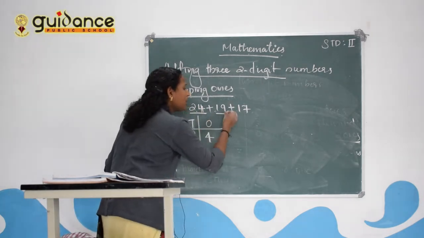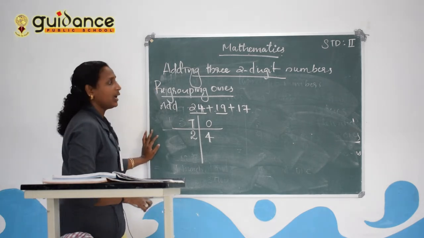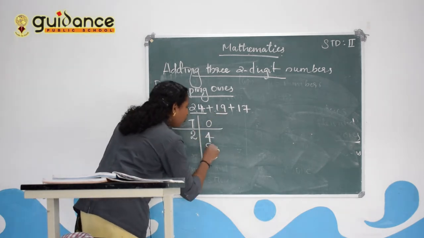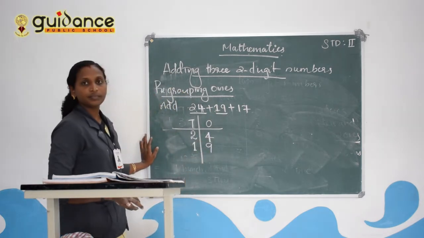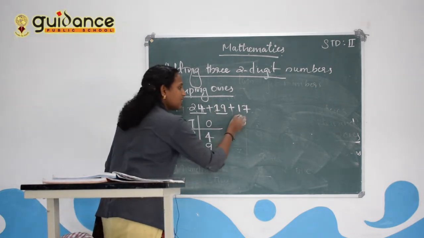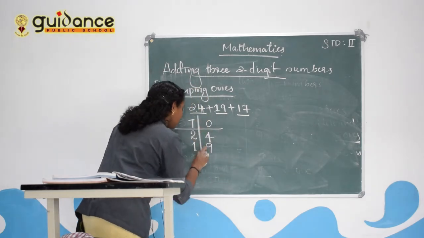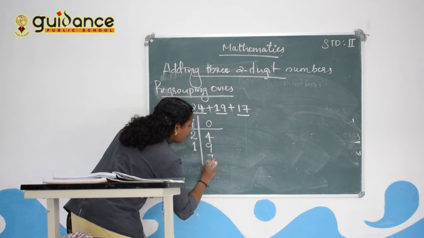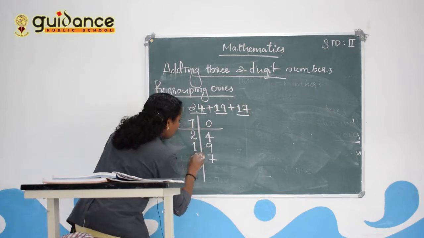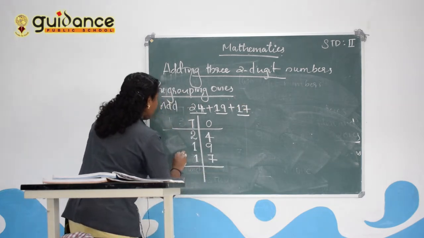Then look at the next number 19. 19 has 9 ones and 1 ten. The next, look at the number 17. 17 has 7 ones and 1 ten. Then addition.